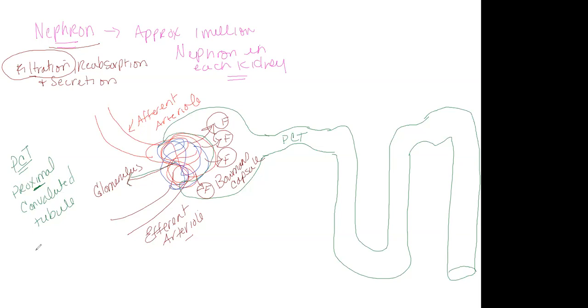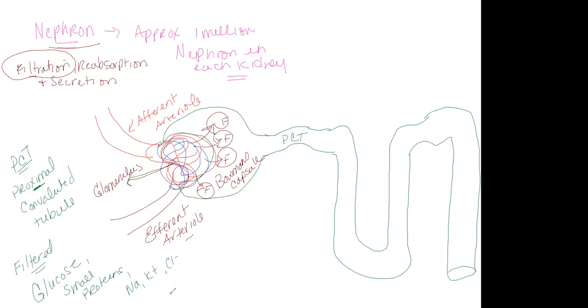So we really want to understand what was filtered. What was filtered was glucose. I'm going to write this on the bottom so everybody can see my screen. Small proteins. We have sodium, potassium, chloride.